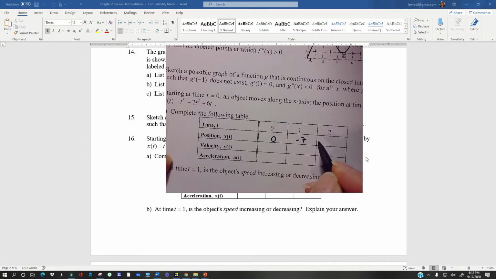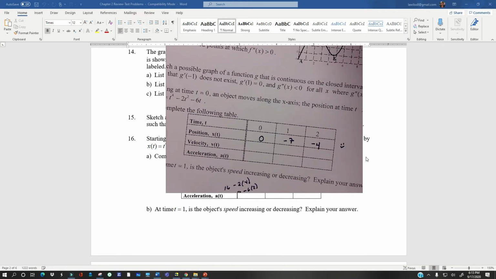And if I plug a 2 in, 2 to the 4th is 16, so I better write this down. 16 minus 2 times 4, 2 squared, which is 8. So 16 minus 8 is 8, minus 6 times 2. So 8 minus 12 is negative 4. So that was an easy peasy part.